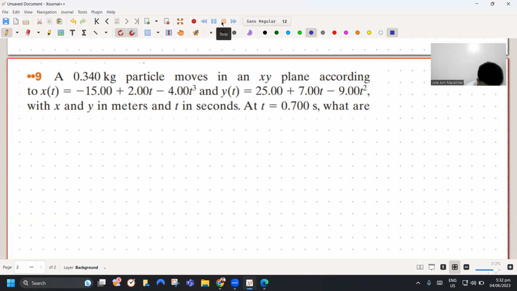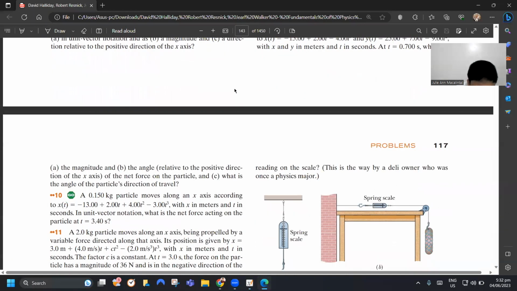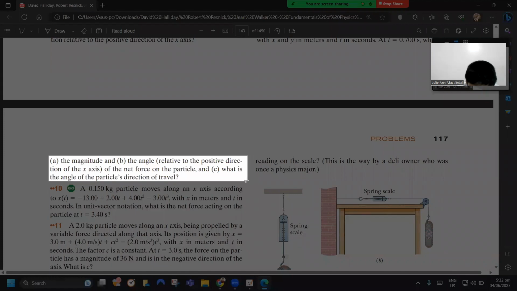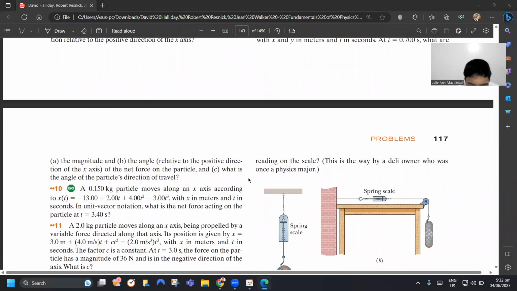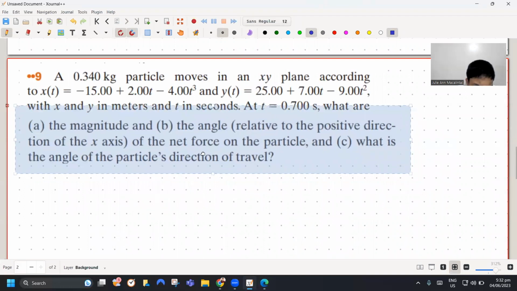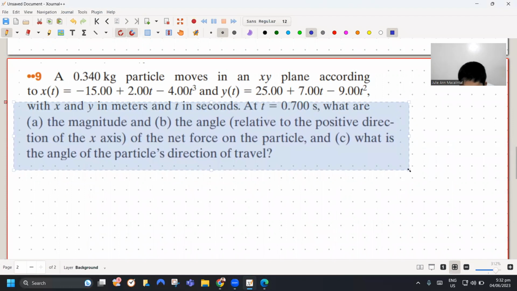Pwedeng copyhin mo yung missing part. Kaya nga po nandito po ako for some time. So below that. Yun. Kaya pala. Yan. Okay na yan.